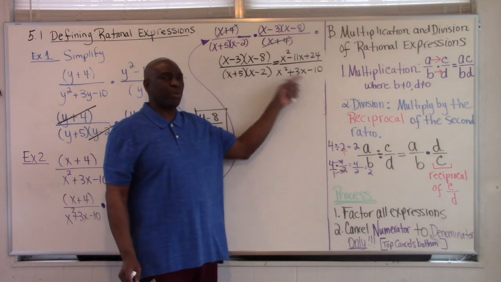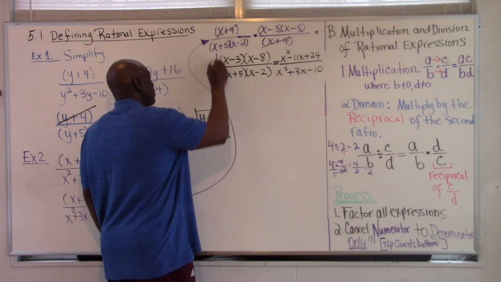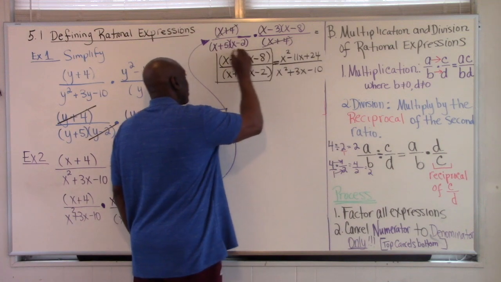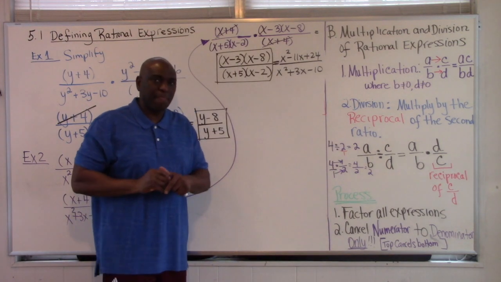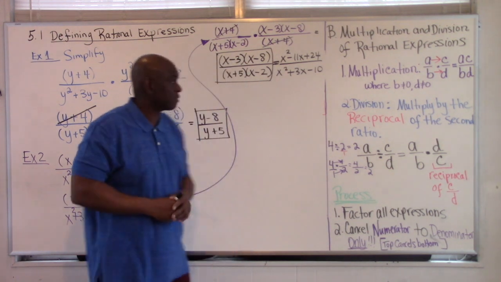They're both equal. But I think you'd be okay if you leave it like this. That's fine. However, if you see it like that, don't be alarmed. It's the same thing.